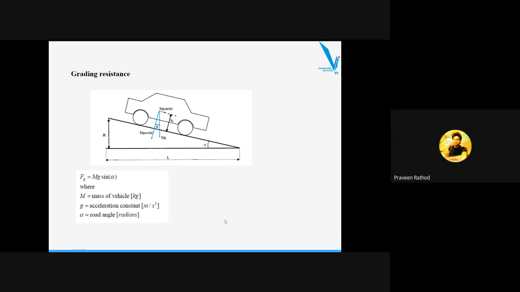Whether the vehicle goes forward, up or down, the weight is acting in the downward direction only. Okay, that is indicated over here in this figure.